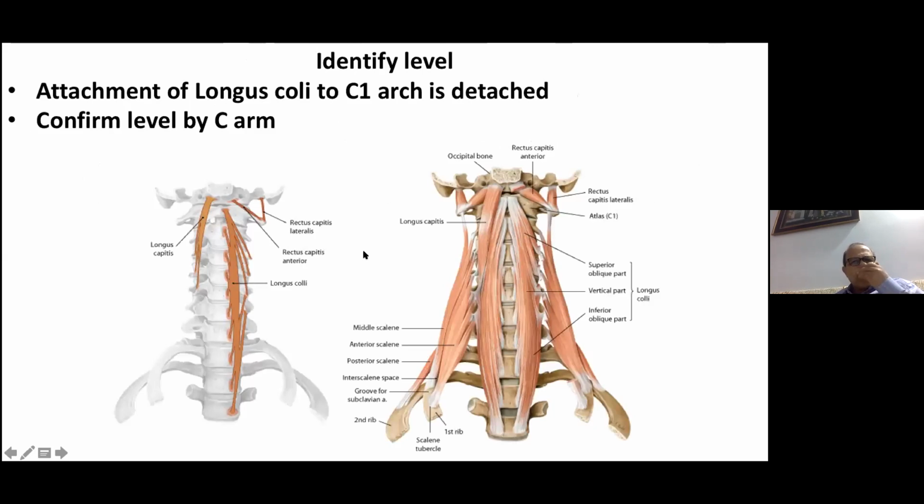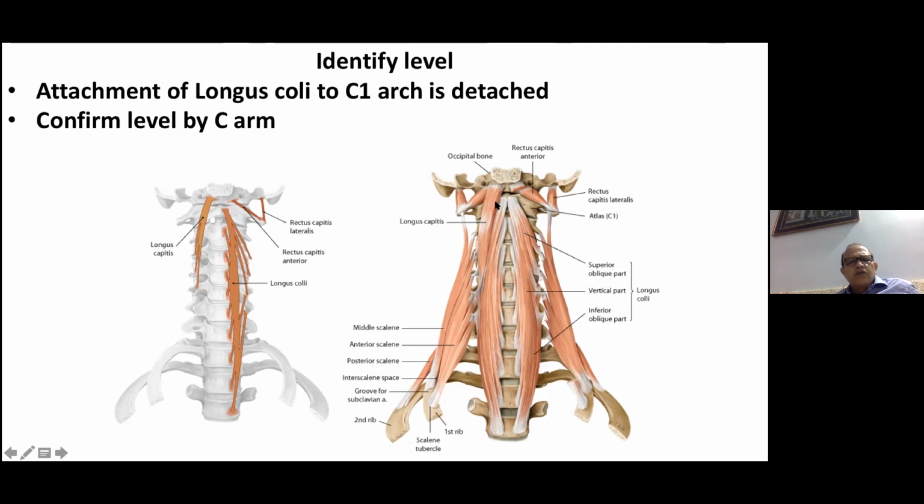Now, after this, you should identify the level by using a C-arm and also just by the convergence of longus coli. The longus coli attaches onto the anterior arch there. So anything where this muscle attaches here has to be C1.